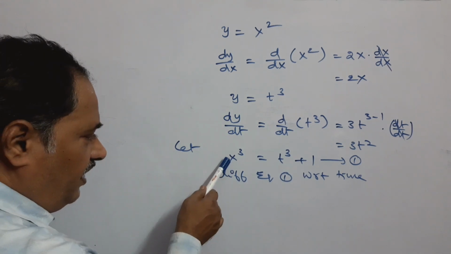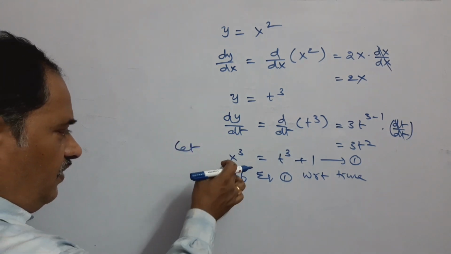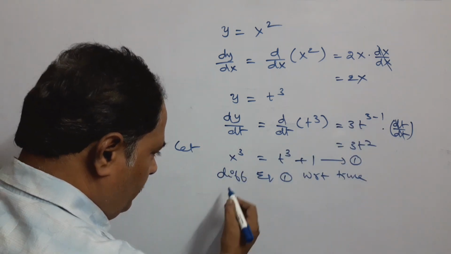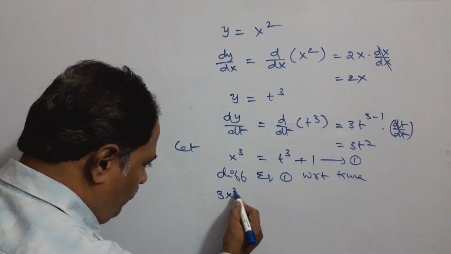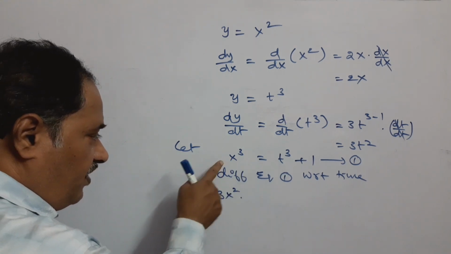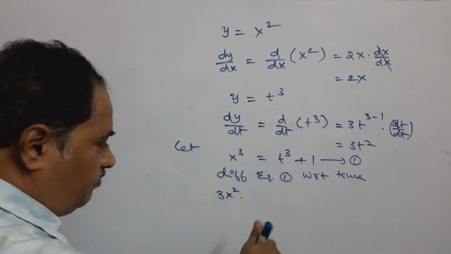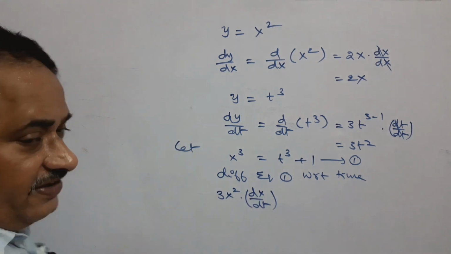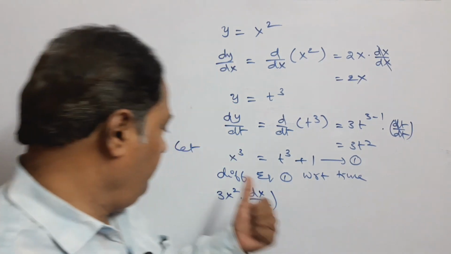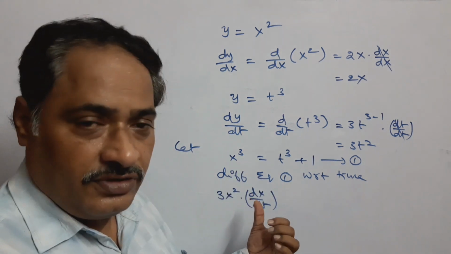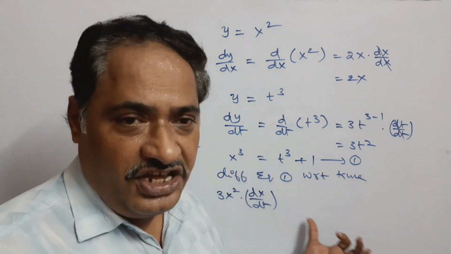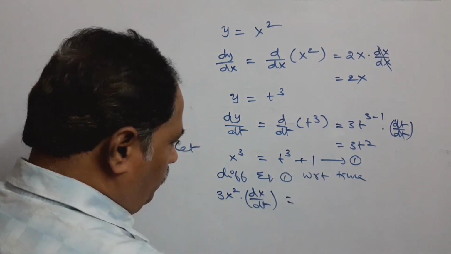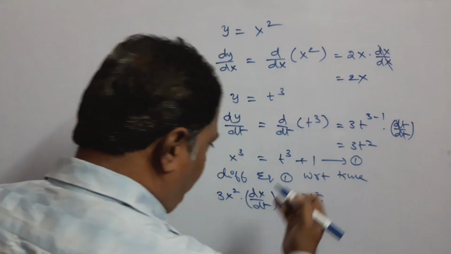For example, if you differentiate x cube with respect to x, you get 3x square. Now you are differentiating x with respect to t, so you have to write dx by dt. That means you are differentiating x with respect to what? Time, dx by dt. For t cube, directly you can write 3t square.